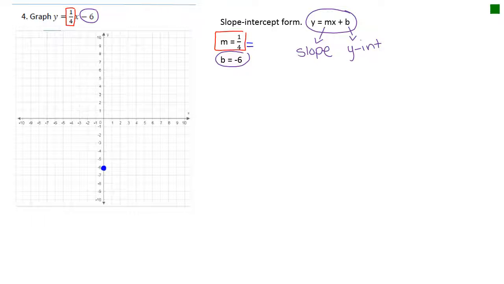Our slope is rise over run, so it's +1, so up 1, and then to the right 1, 2, 3, 4, and we can plot our point. Take our straight edge, make sure we're graphing a line so it has the 2 arrows at the end.